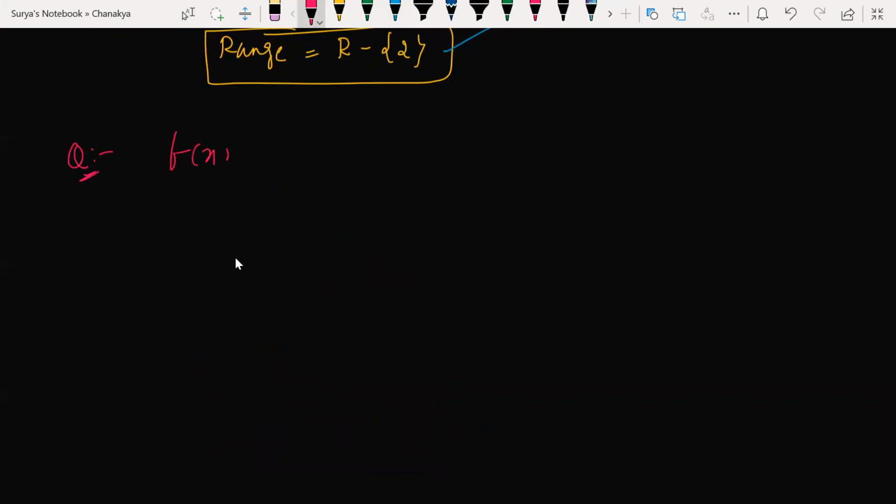Suppose I have given you a question: square root of x minus 2. Find the range of this.